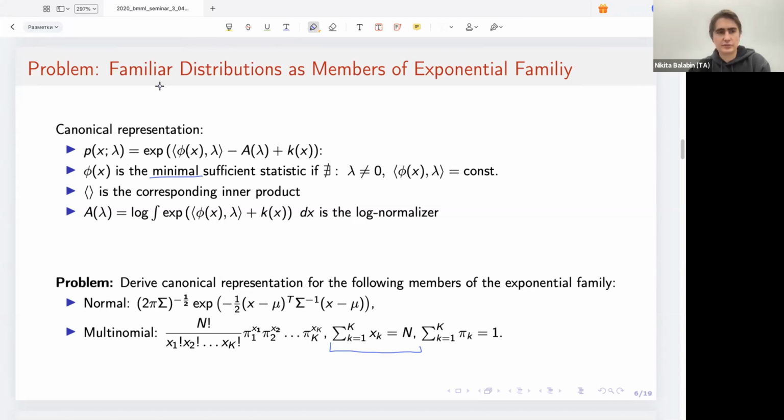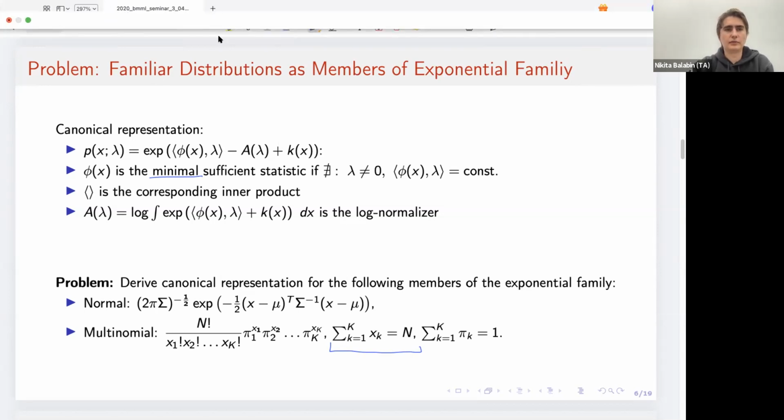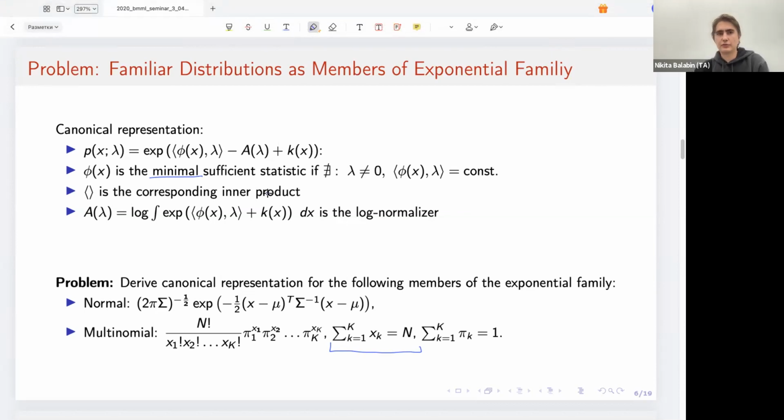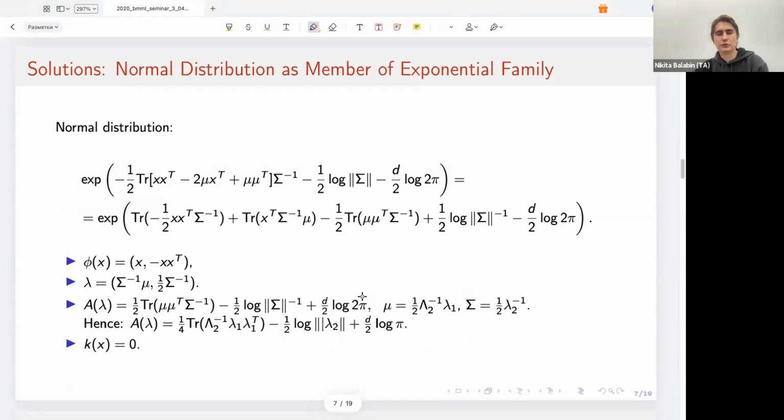Okay, let's discuss the solution. Let's start with the normal distribution. For the normal distribution, we just make an explicit derivation. We expand our terms inside the exponential function, and we add our normalizing constant, and transform it to get our decomposition form.